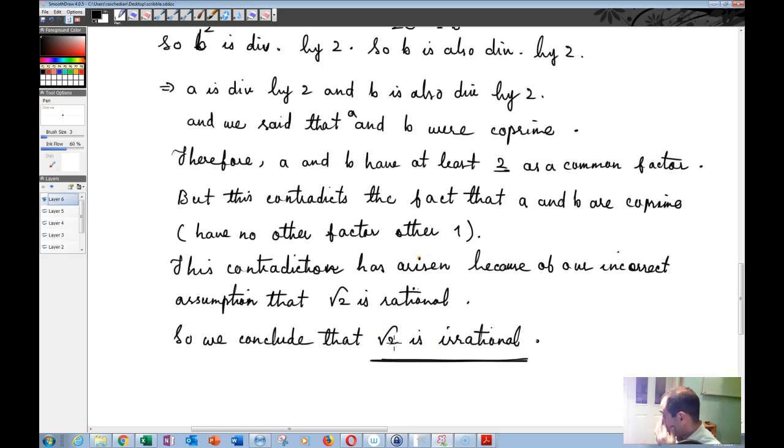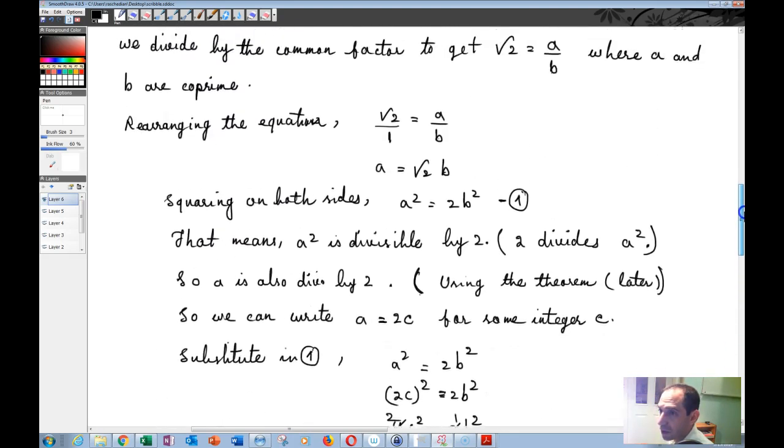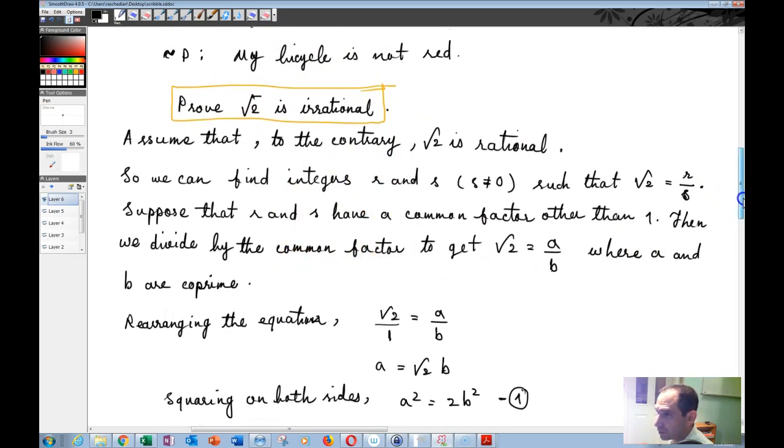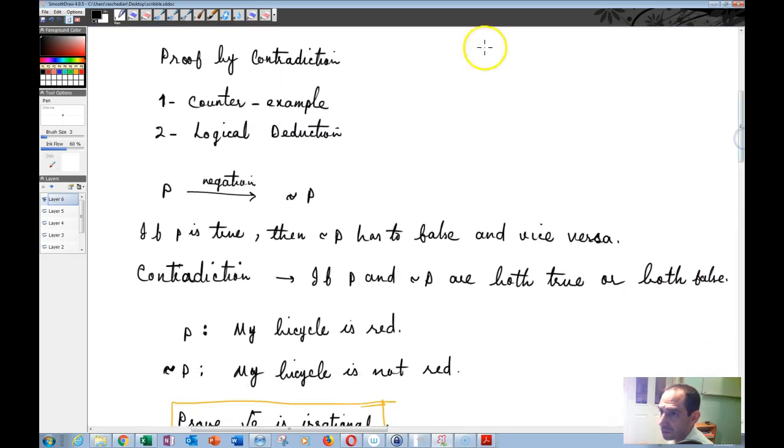So basically this contradiction has arisen. Okay, that makes sense, of course. So that's how you prove something by contradiction.